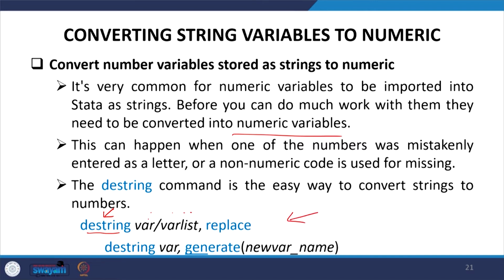So either you destring one variable at a go, or you can also use a list of variables. You can write it with a space and replace, which will destring and replace the variable. Another approach is the destring command with generate, where at the end you can generate a new variable name. The new variable would be saved with its numeric values, okay.